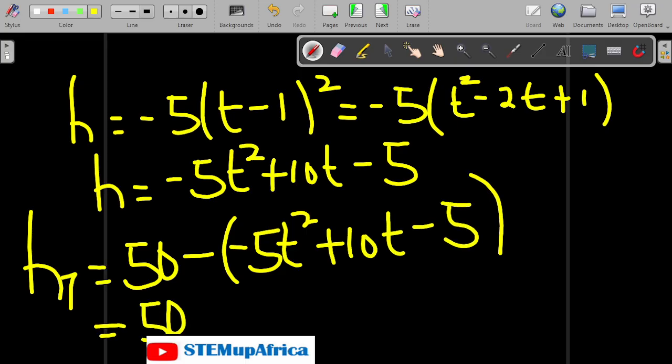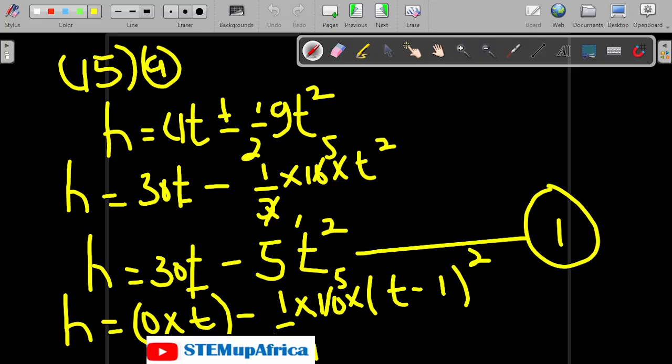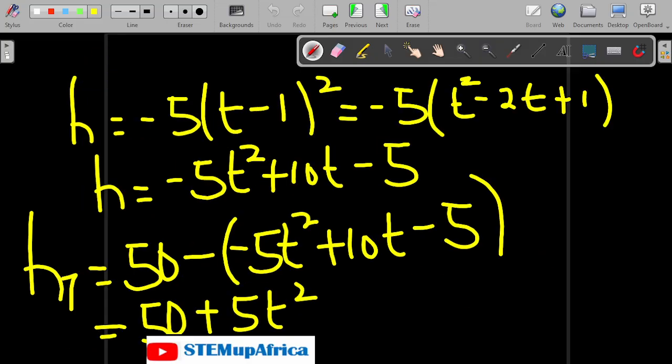I'm having 50 plus 5t squared minus 10t plus 5. Let's add those. I can add 50 to 5. That will give us 55.